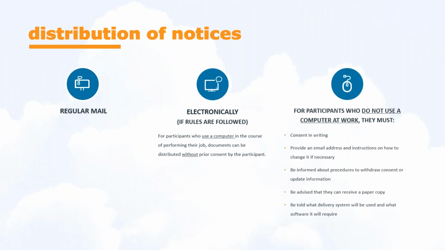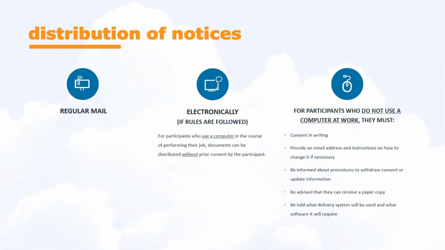So for participants who do not use a computer at work, if you decide you're going to do this electronically, and let's say 50% of your people are in the plant, 50% are in the office, you're probably going to want to follow the same rule for both groups.